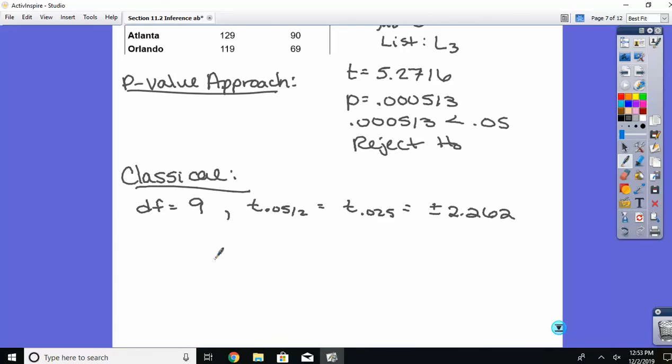So what those are saying, in the classical approach, are essentially your critical values. So this is positive 2.262. This is the negative. If your T value is in that shaded region, you reject. If it's not, you fail to reject.